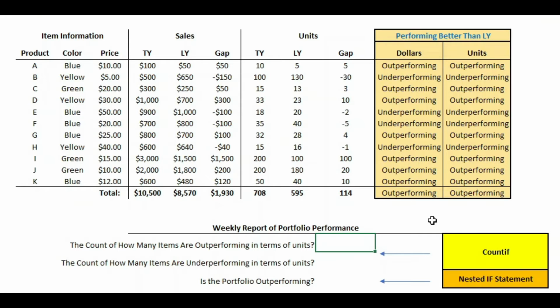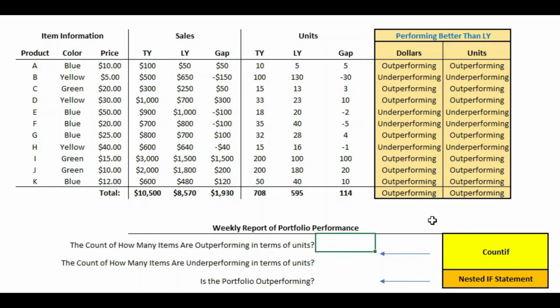So in a Countif, all we have to do is provide the range and the criteria, and Excel will count the number of products that meet that specific criteria. So in this first question, it says the count of how many items are outperforming in terms of units. So our criteria here is outperforming.